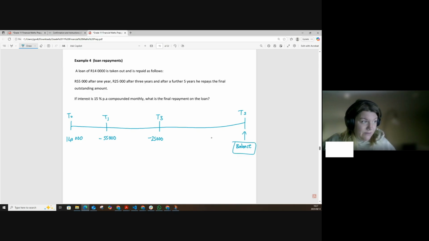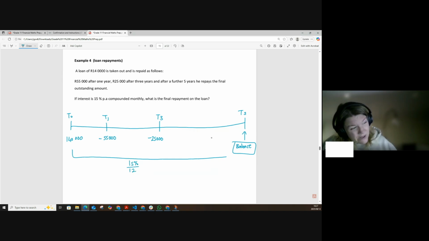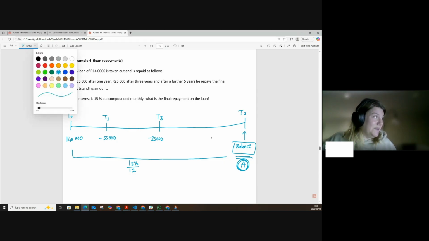So we want to know what that final amount is. The interest was 15% per annum compounded monthly for the entire thing, so we don't have an interest rate change. We want to know what that balance is, so essentially we want to know that final A value. It's not as bad as it seems because we don't have interest changes.